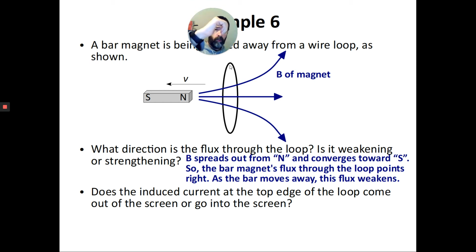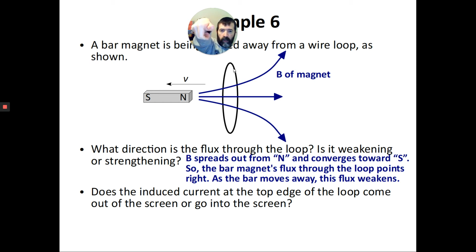So I can either have the current coming out of the screen, but if I do that, the magnetic field on the inside of the loop goes left. But if I flip it around this way, how do I get my fingers most useful? That's not very clear. But if my thumb's coming out of the screen, then my fingers below the wire go to the right.